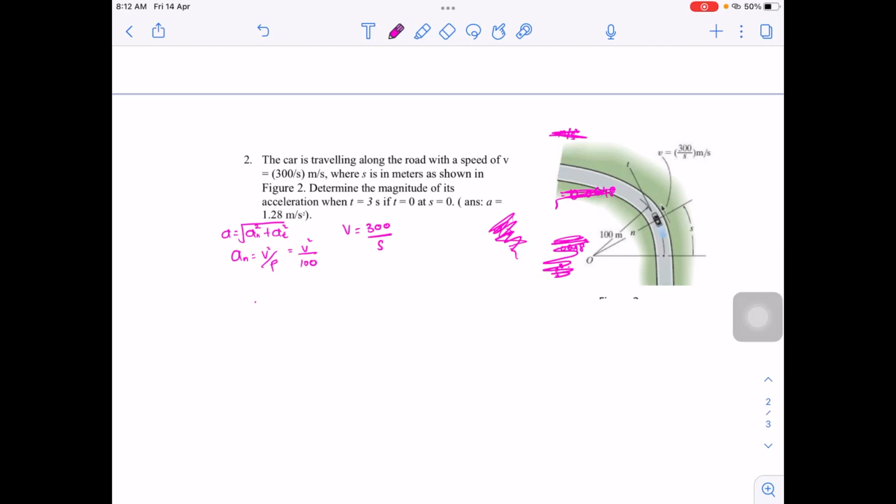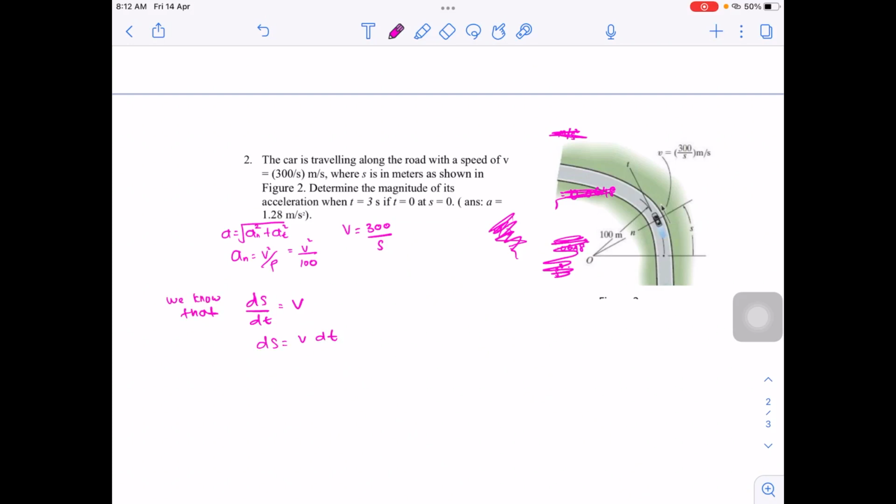Basically, we know that ds over dt is equal to V. So ds is equal to V dt.